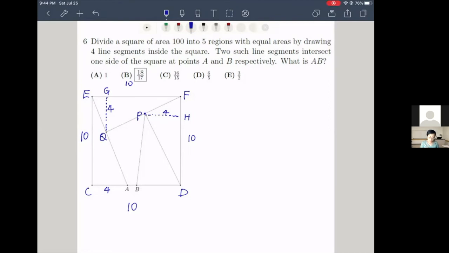Okay, so let's see what we have. After adding the two heights, we have some similar triangles. In fact, let's also add this height, although we don't know the length yet. Now we see pairs of similar triangles. Let's use red color. You see this little one, EGQ, and ACE. They're similar.